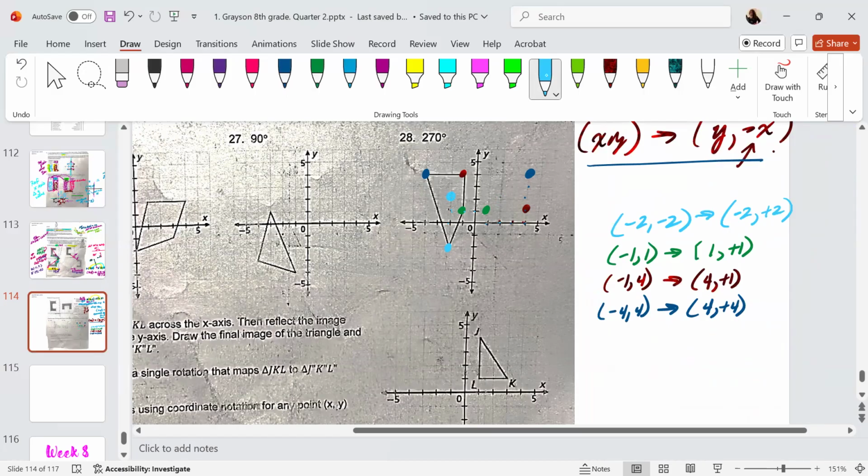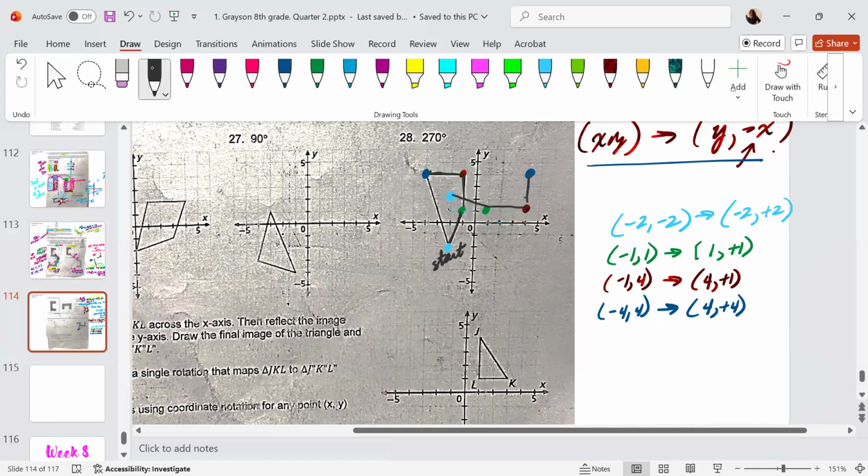Okay, now, once you're done with all 4 points, correct? The way you draw the picture matters, okay? Now, look over here. Do you see if I start with the blue? The blue line connects to the green line. So I connect that to the green line. The green line connects to the red line, or the red dot. The red dot connects to the blue dot.